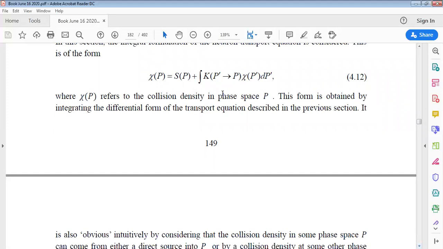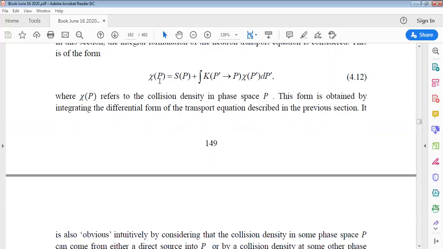Now what we're trying to do is get an integral equation. There are many ways, and one of them is the method of characteristics, which I'll show you. The other is an intuitive way, where you imagine a phase space of interest P. As I've said many times, even when we were doing the Fermi slowing down equation, we have a collision density, and let's call it chi of P. So chi of P is where we are interested, and chi of P prime is all the other phase spaces.